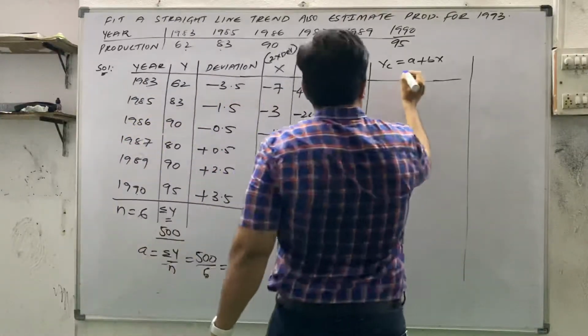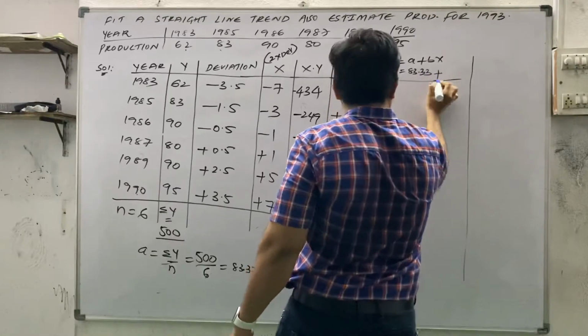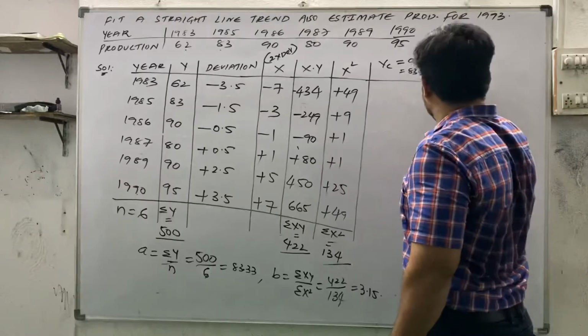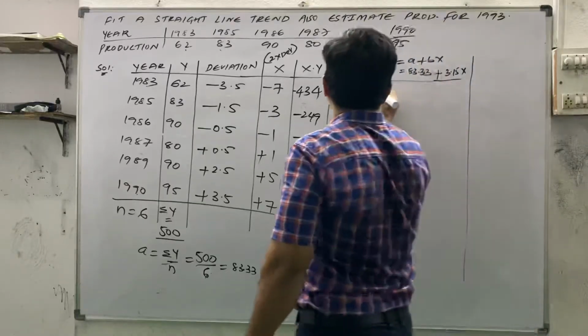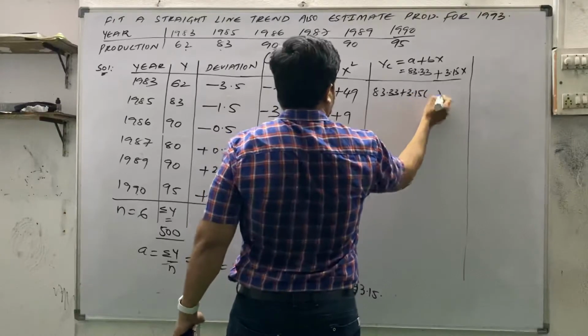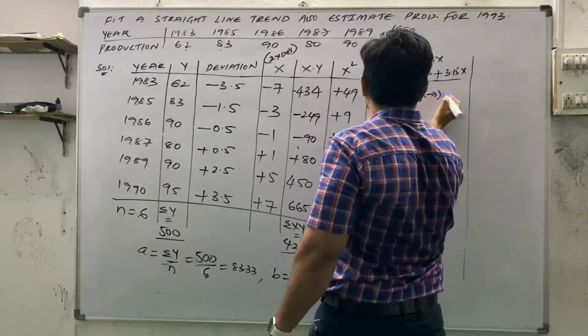Now A is 83.33 plus B into x, 3.15 x. Now we have 83.33 plus 3.15 into value of x. Value of x is how much we have? Minus 7.